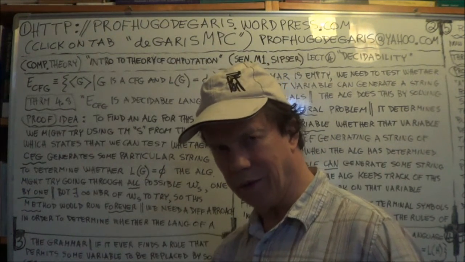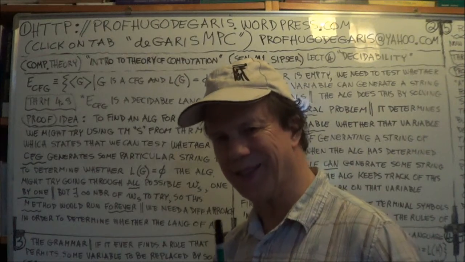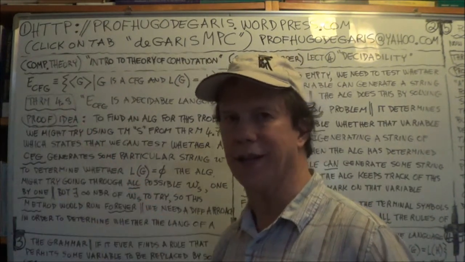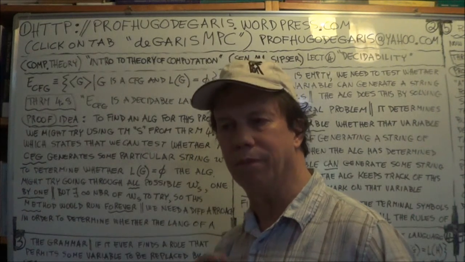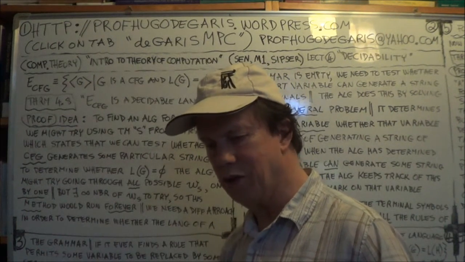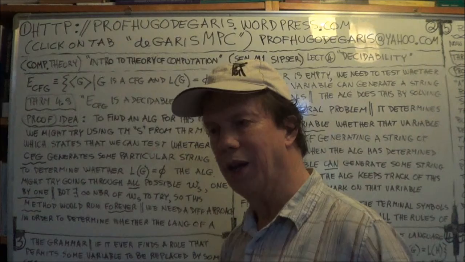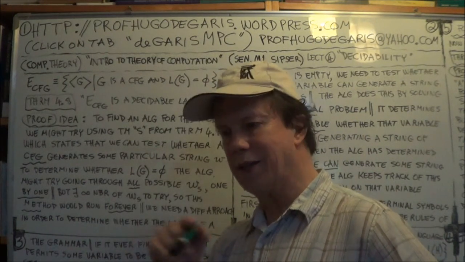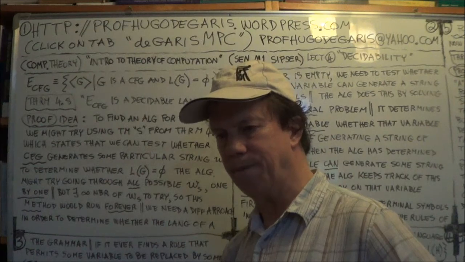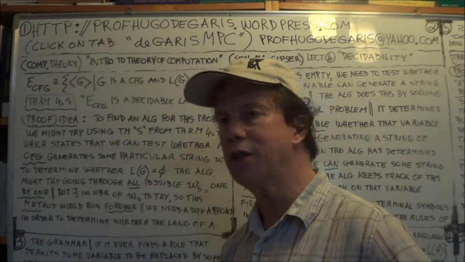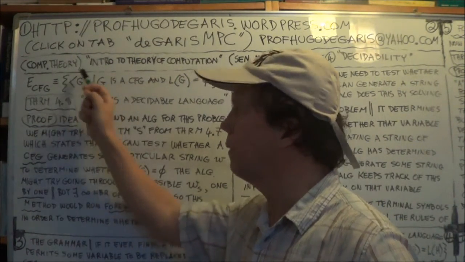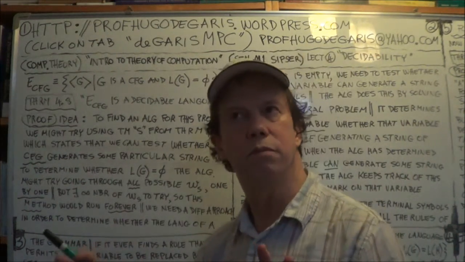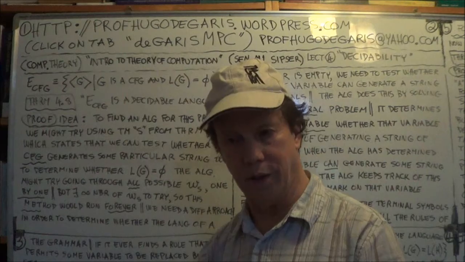It's either one or the other. So the Turing machine is a decider, and therefore this language is decidable. By definition that means there is a Turing machine that decides the language: it accepts every string in the language, and it rejects all other strings. There's no looping.